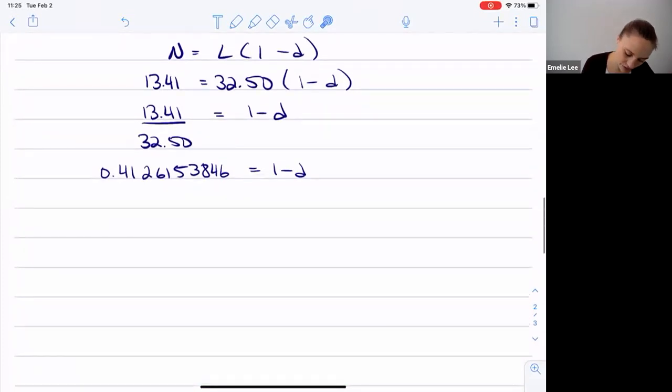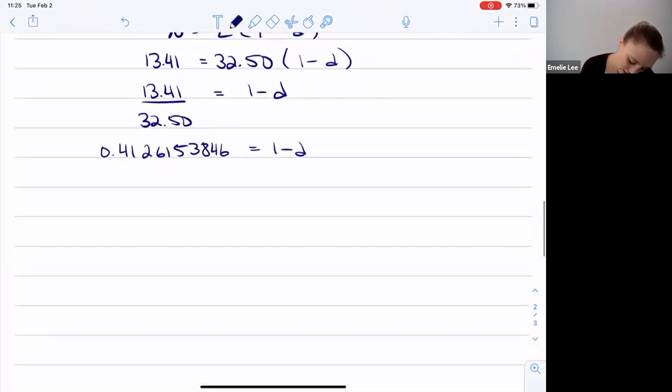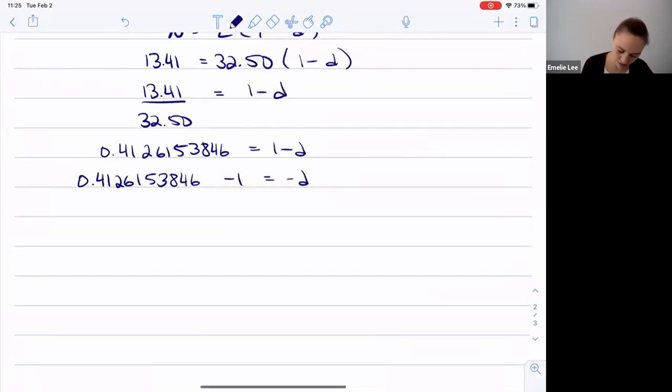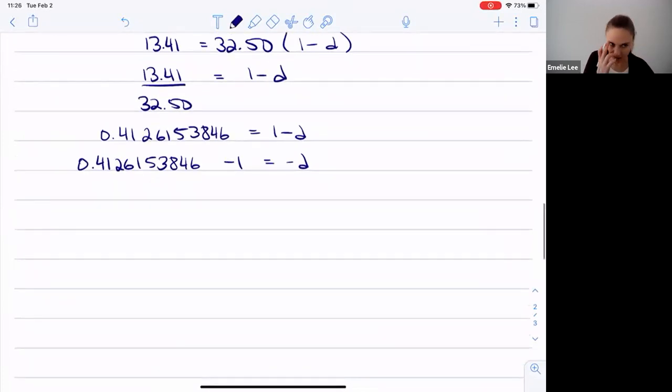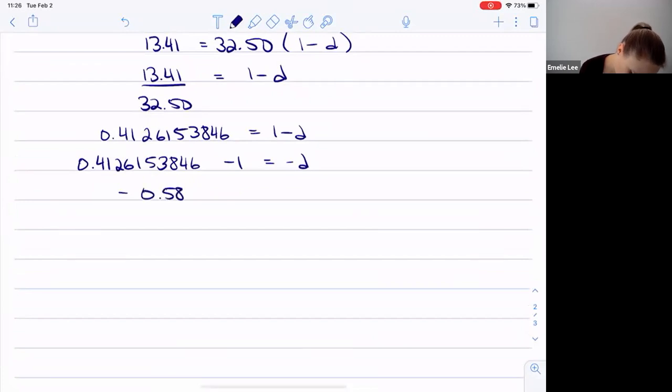And so what you get is 0.4126153846 minus 1 is equal to negative D. So now when I do minus 1 here on my calculator, then I get negative 0.58738465154 is negative D.